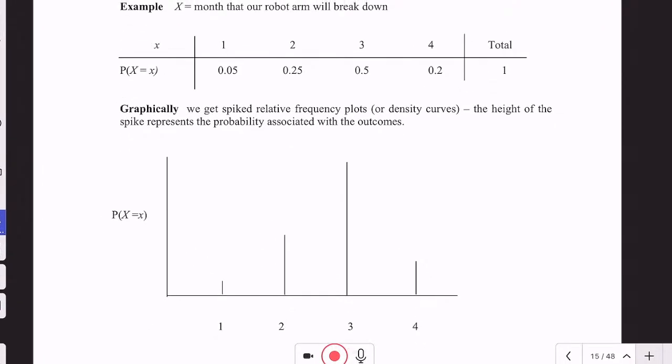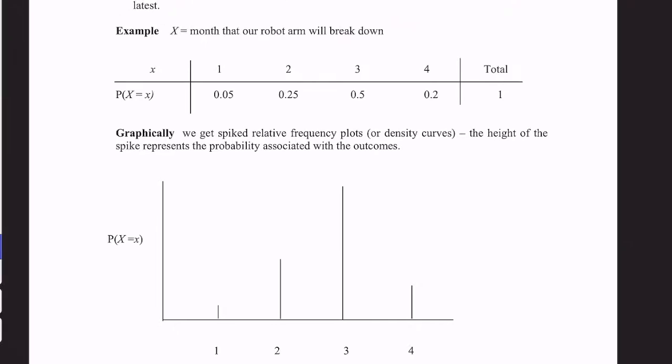So the chance that it breaks down in 1 month is 5%, 2 is 25%, 3 is 50%, and 4 is 20%. If I were to stack these spikes, it would be a total of 1.